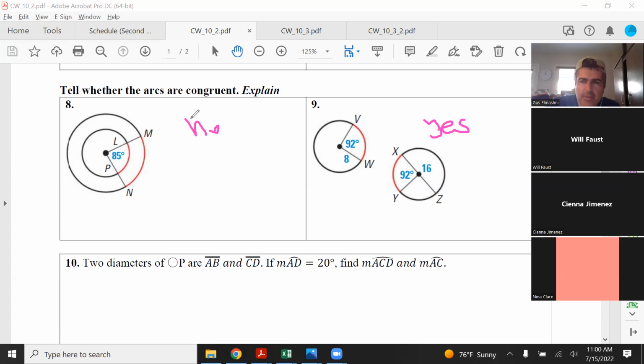I'm trying to realize what they're trying to do here, but if you look at LP, arc LP is clearly going to be less than arc MN. The reason why is that if you look at this right here, you have 85 degrees for both arcs.